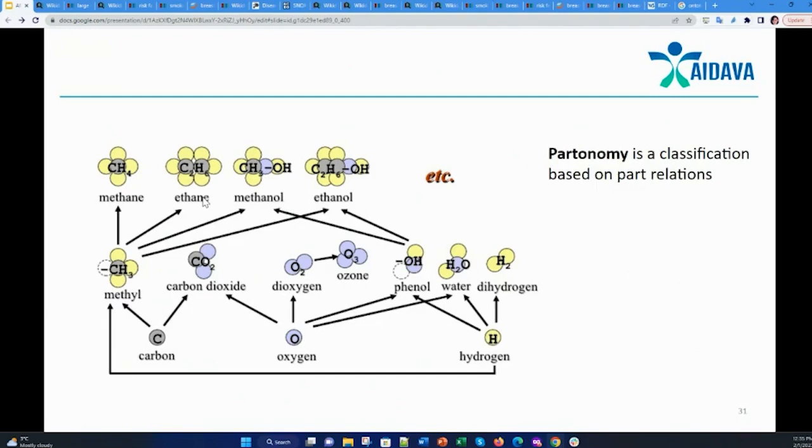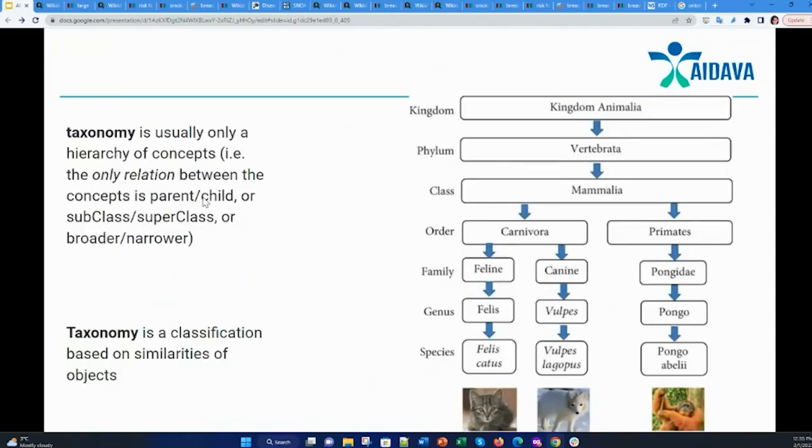We are all aware of different chemical compounds, and usually this is widely used as an example for partonomy. Taxonomy is a classification based on similarities of objects.